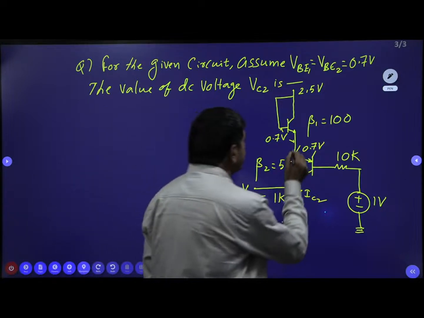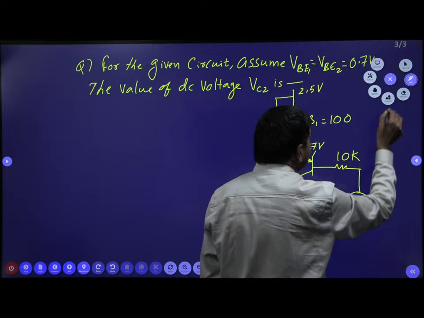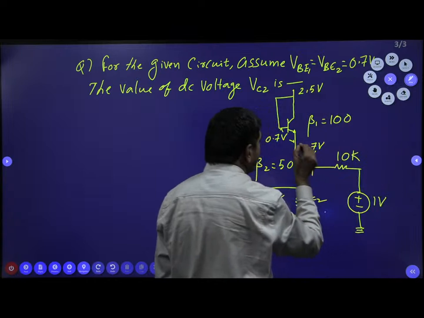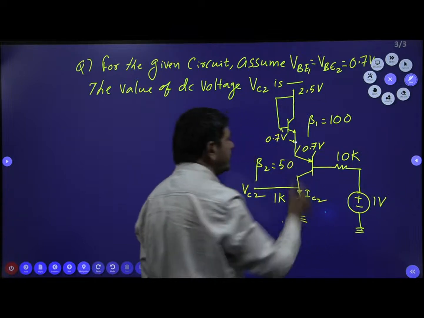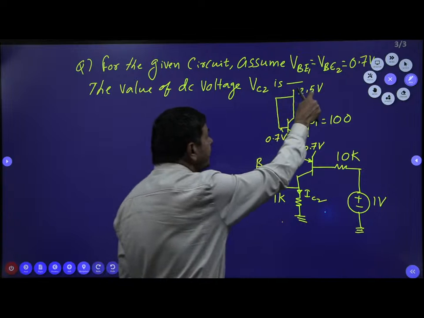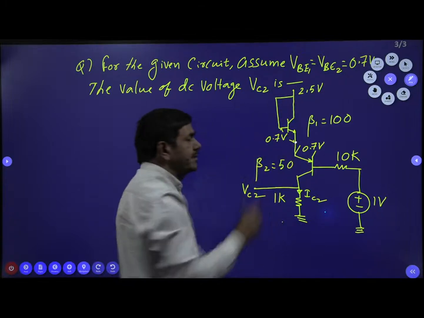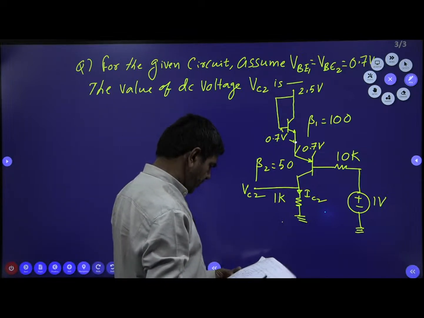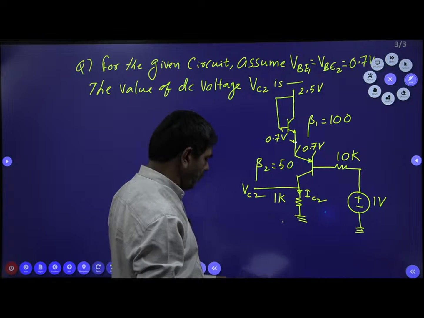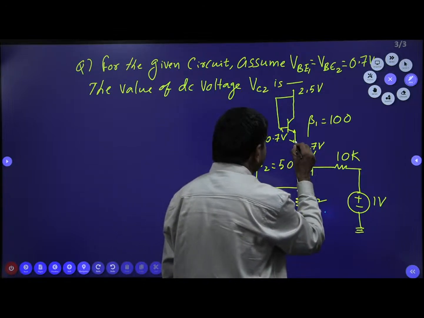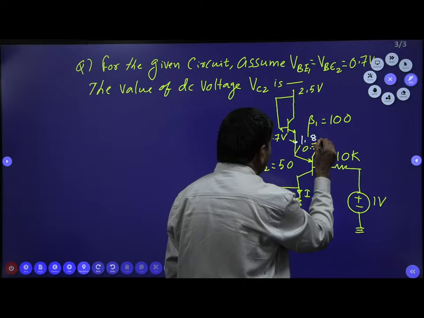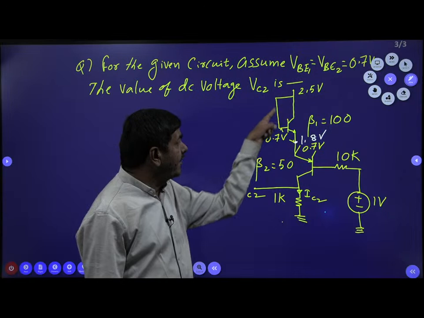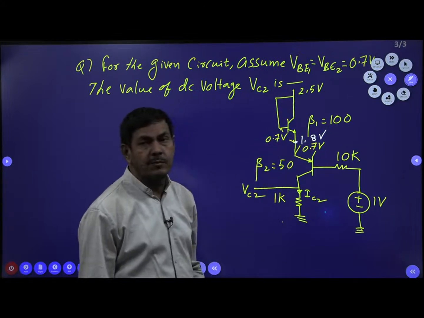So the voltage at this point, which I selected for example, is 2.5 minus 0.7, which is 1.8 volts. Further not.